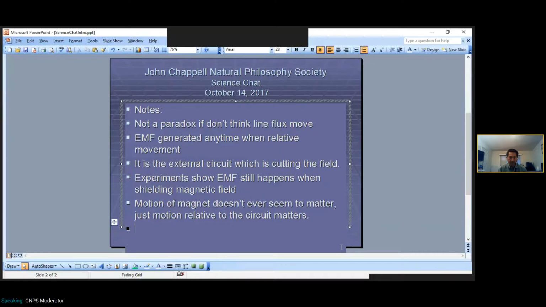But we were noting that basically the rotation of the disk doesn't seem to matter no matter what experiment you apply. Yes, but the flux is still changing with respect to the fixed galvanometer. Well, if the motion of the magnet doesn't seem to matter, then that would be an argument that the flux isn't changing when you rotate the magnet.